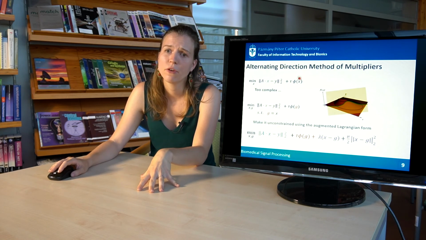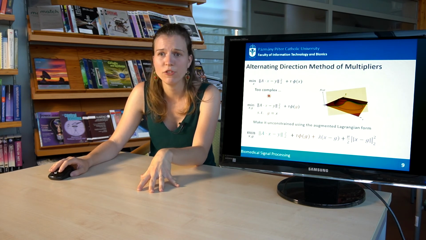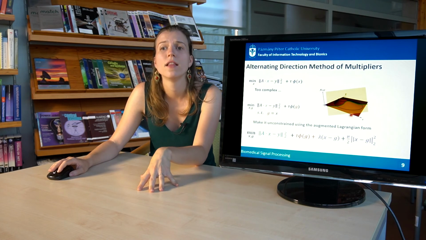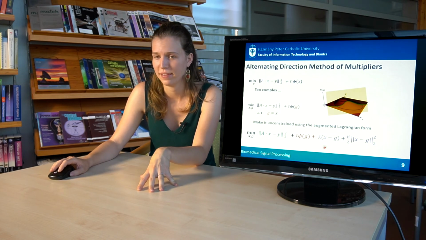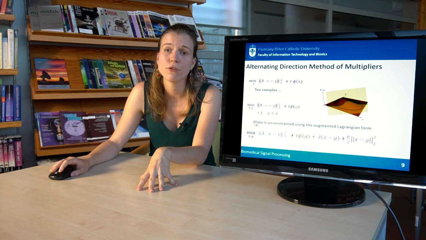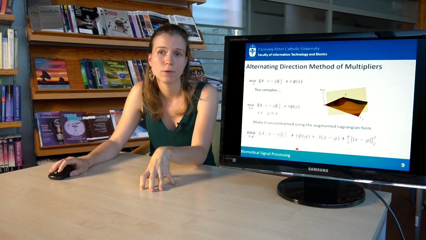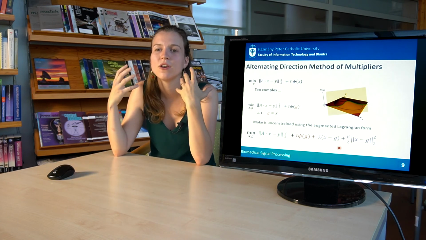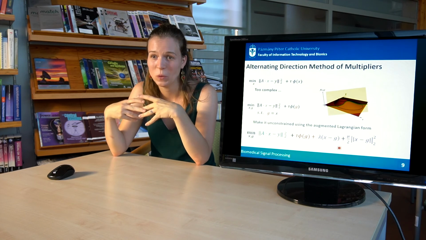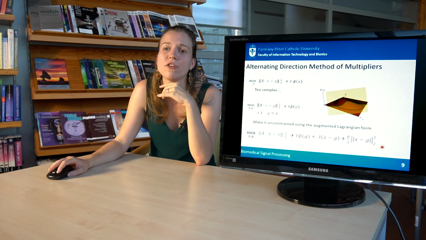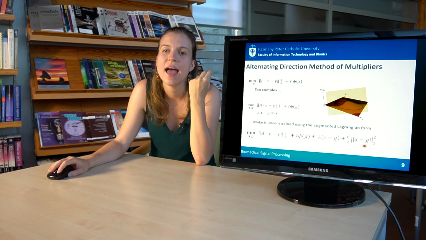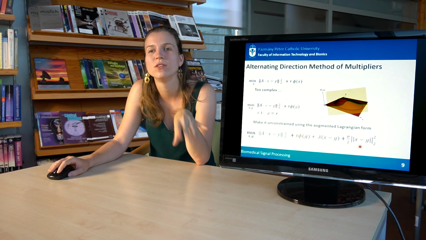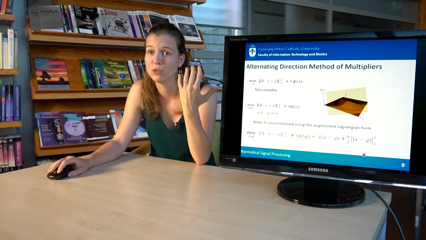So you will rewrite your original equation. This is the so-called augmented Lagrangian form of your minimization problem. So you have the original data fidelity term, you have this modified regularization term, and you have some connection between these two. So this will be a penalty term, not to let x go too far away from g.